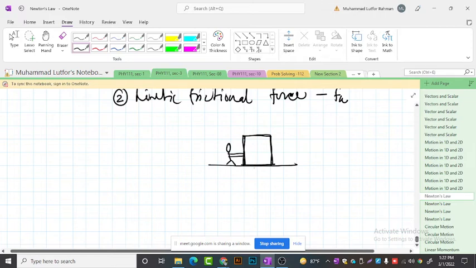Say initially you apply a force of 2 Newton, then the frictional force will also apply 2 Newton on you. That's why the block is not moving at all, right? Say you apply a little more force, say 3 Newton, probably the surface is also going to provide 3 Newton back.